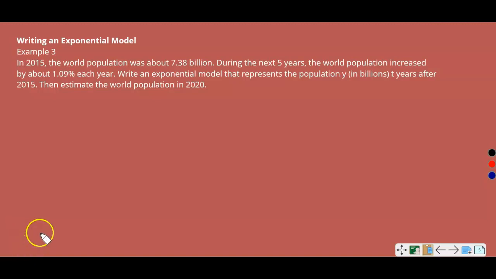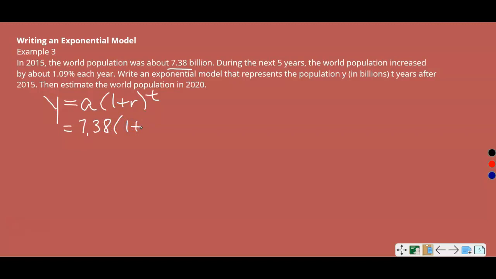All right, so the first thing we're going to do is write down our exponential equation. So we know this is going to be exponential growth, so it's going to be a times 1 plus your interest rate to the t power. Then we can just plug in what we know. Our initial amount, a, is 7.38 billion. And then we're going to have 1 plus the interest rate.